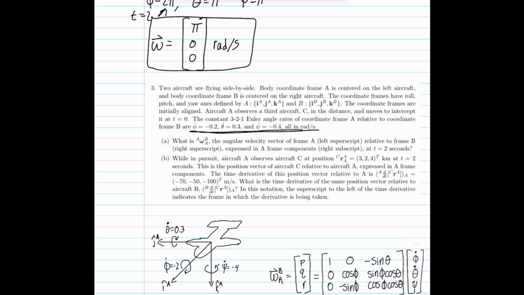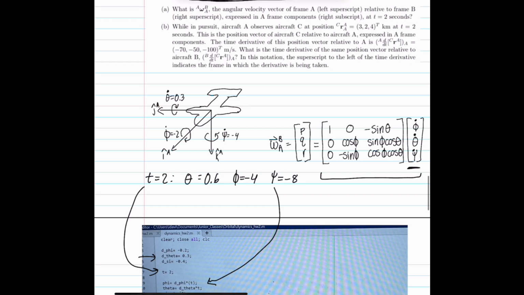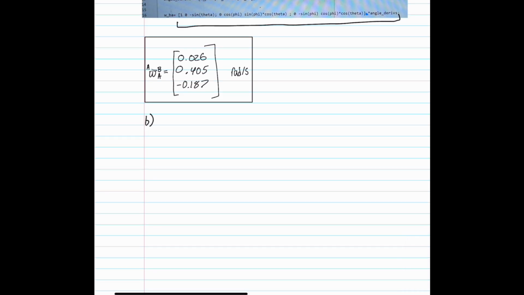So that means the A frame is rotating. So we can't just take the derivative of the position vectors of frame A. We have to use the transport theorem because frame A is rotating with respect to B. That's frame C's position vector with respect to A, and that's in meters at 2 seconds.